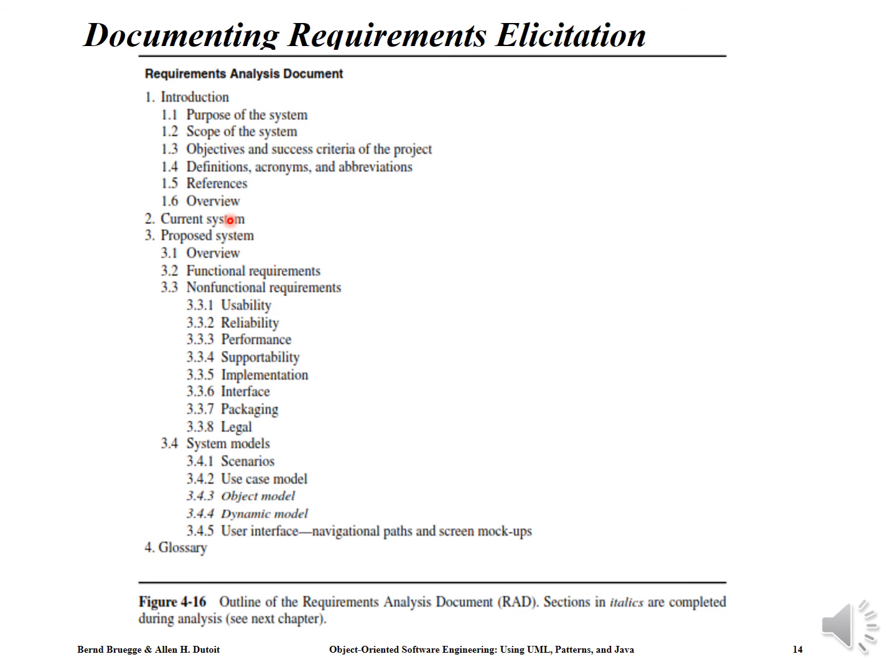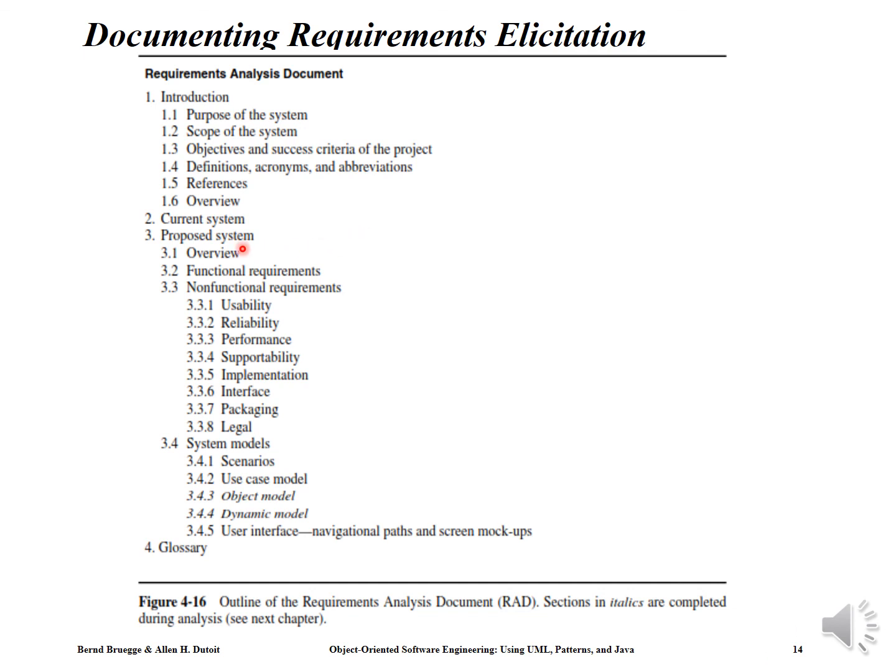The second is the current system. It describes the current state of affairs. If the new system is replacing an existing system, the section describes the functionality and problems of the current system, the system which is going to be replaced. Otherwise, it describes the tasks supported by the new system.